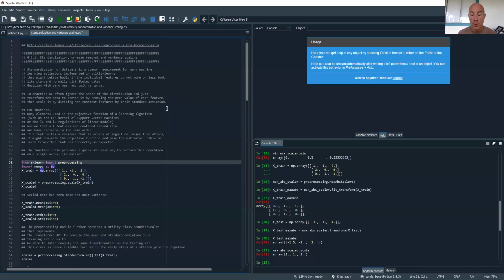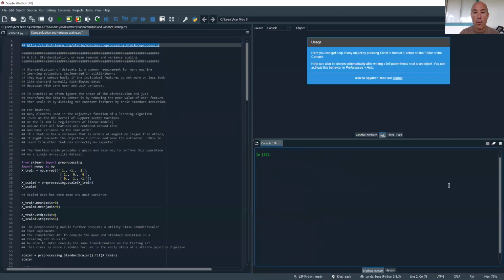Okay, so let's go ahead and go through an example. For this example, I'm literally copying and pasting from scikit-learn. All of that was me just writing the code to make sure it ran before I started filming.